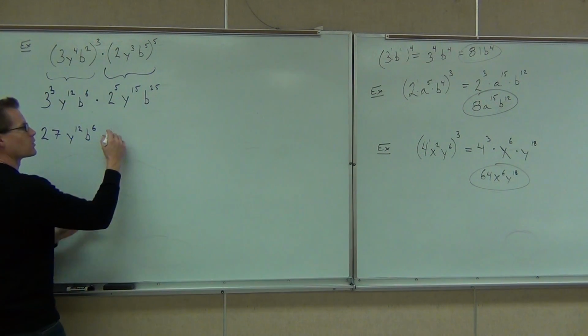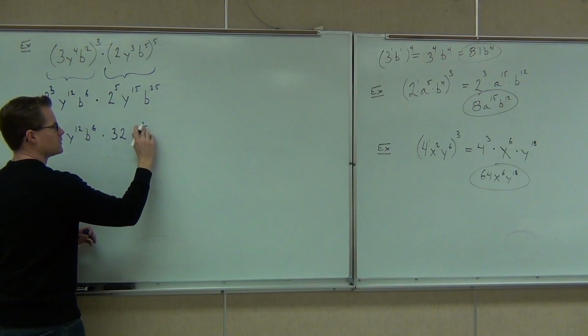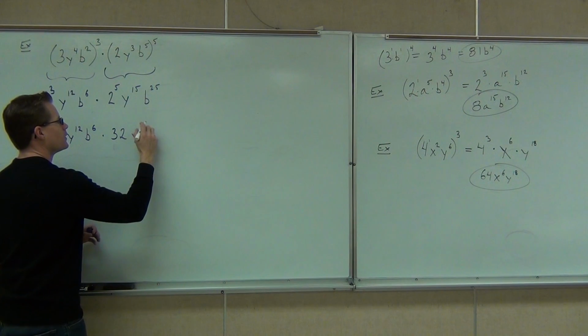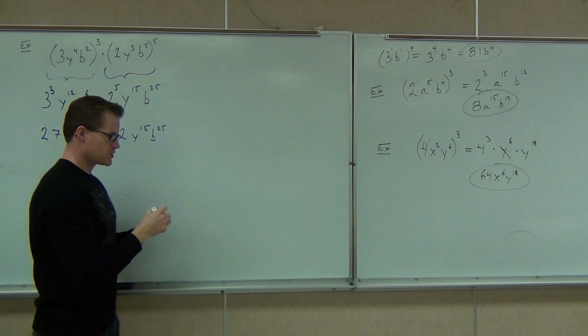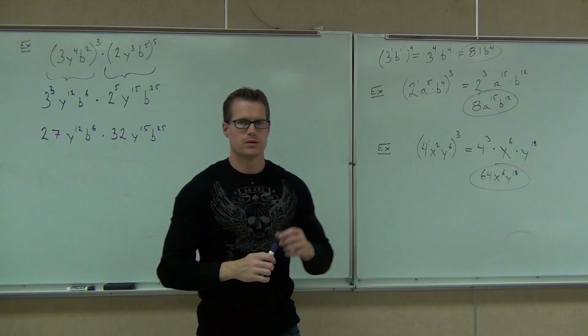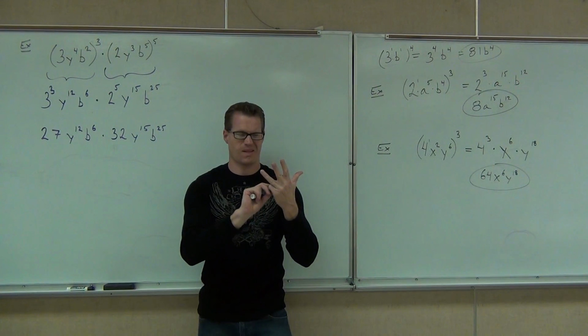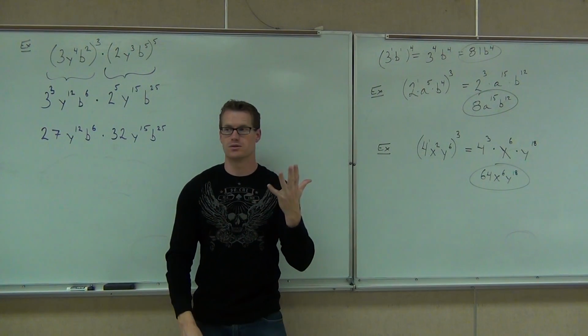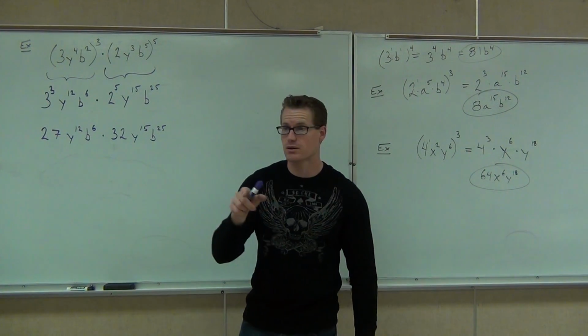We're raising it to a power. Why do we have 32? 2 to the 5th. 2 times 2 times 2 times 2 times 2. That's 32. So we're going to get 4, 8, 16, 32. That's where we get that. Your calculator will do that too.